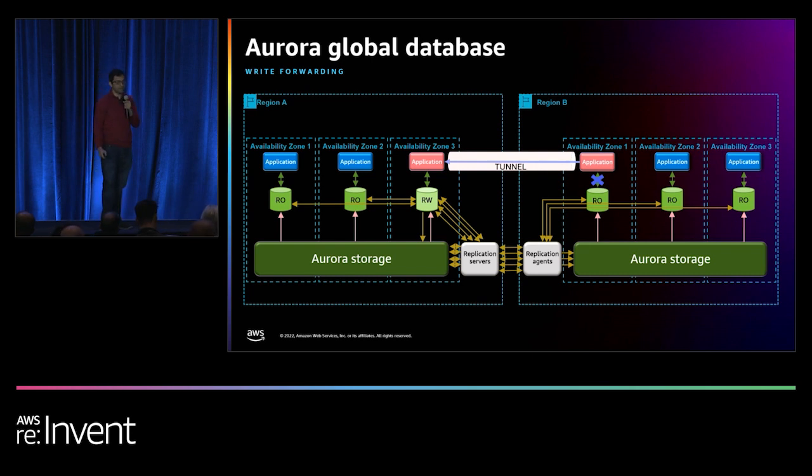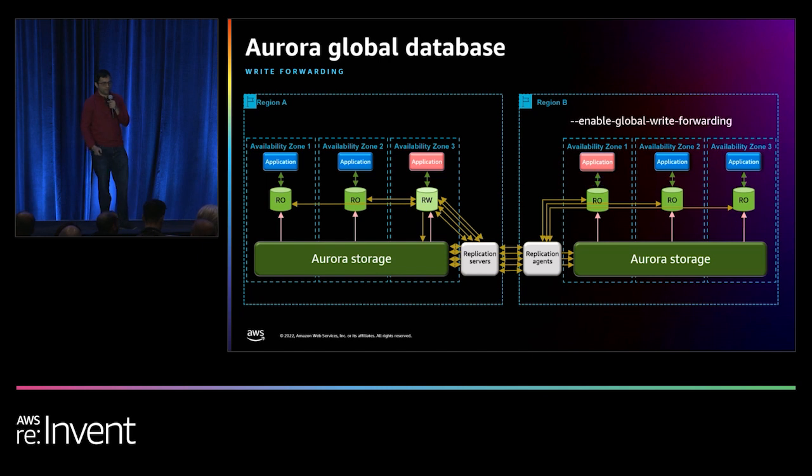So in Aurora MySQL, there is a feature called write forwarding. With that, you can write locally in the remote region by using the parameter called enable write forwarding, and writes get committed to the primary region, and the data finally gets replicated back to the remote region where the write was issued from.